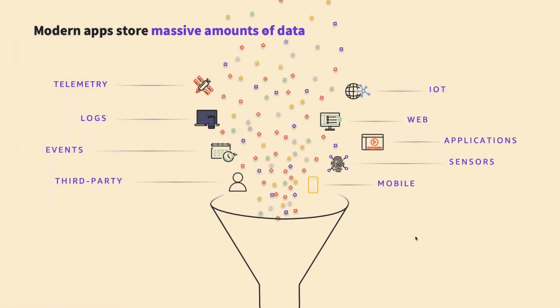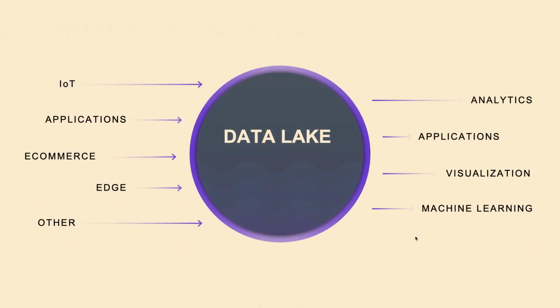All right, so let me start off with some backstory. As you all know, modern applications, be it on any platform, generate massive amounts of data every single day, right? You could have telemetry, you could have some logs, you could have some events, you could have some real-time data coming into your system. And all of that needs to be analyzed in some form to make a data-driven decision, right? So one way you could do that is form a data lake.